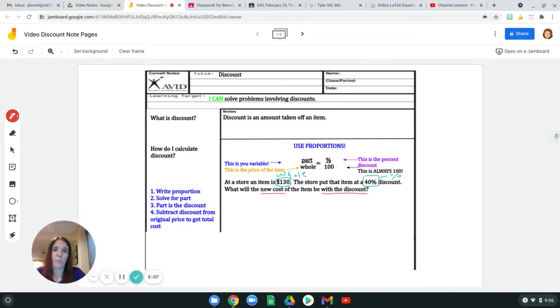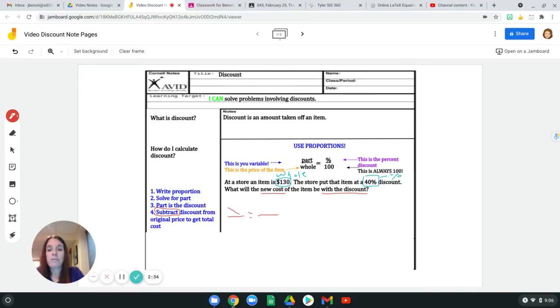Now here's the trick. Once we find the discount, we're going to take that away from the cost. So we're not adding this time. We take that price and we'll subtract the discount from it. You see that in the steps here, so I'm just going to highlight that now. It's subtraction.